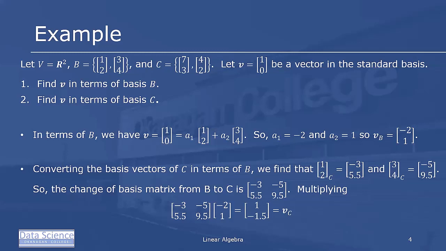So those vectors, taken as columns of the change of basis matrix, give us the matrix -3, -5, 5.5, 9.5, which we can multiply by the vector 2, 1 from basis B to get the vector 1 and -1.5, and that's vector V in terms of basis C.